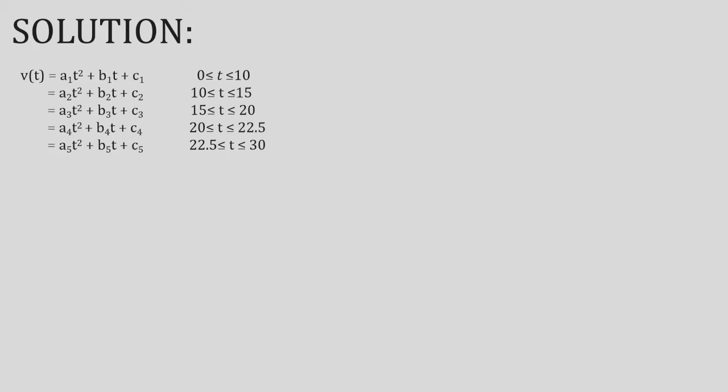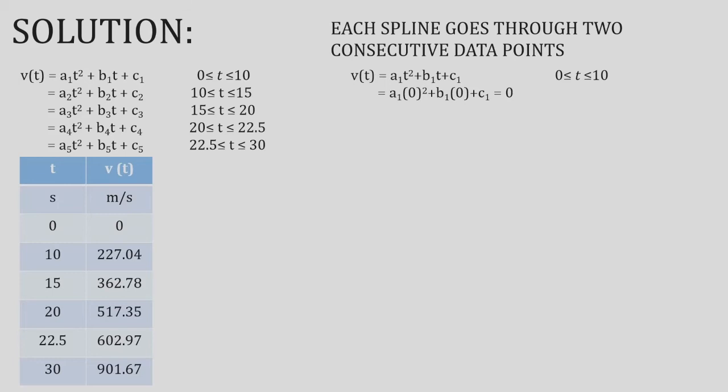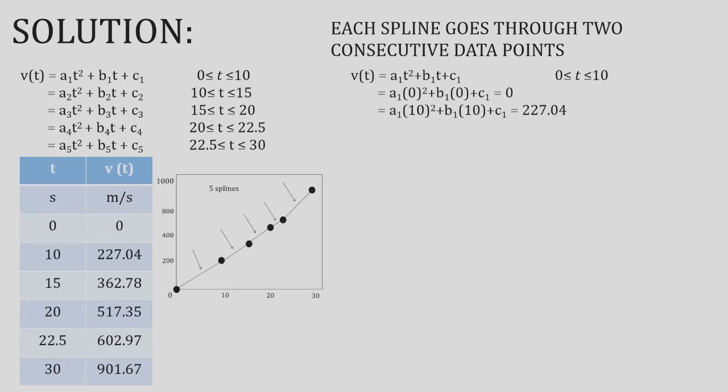So each spline will have to go through 2 data points. Now again, let's recall. So my first spline is this one. Yeah. Now let's go ahead and set up those 10 equations.